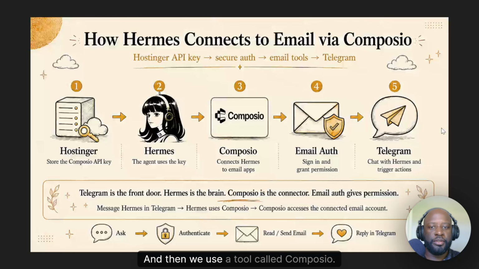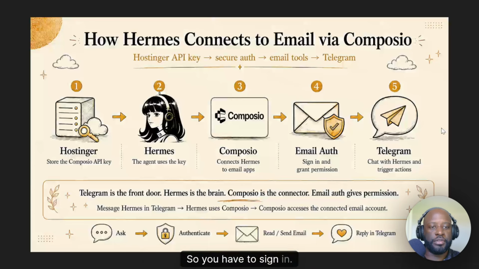And then we use a tool called Composio. And Composio connects Hermes to multiple email apps. So instead of just connecting your agent to, say, Gmail only, you could connect your agent to multiple email vendors using Composio. And what Composio asks before you connect those emails is you have to authenticate it.